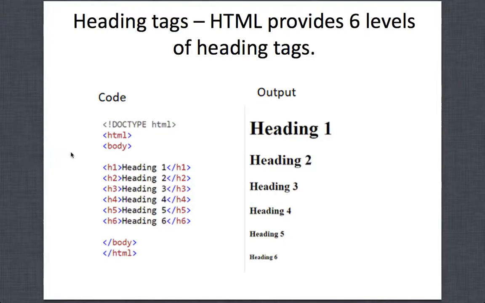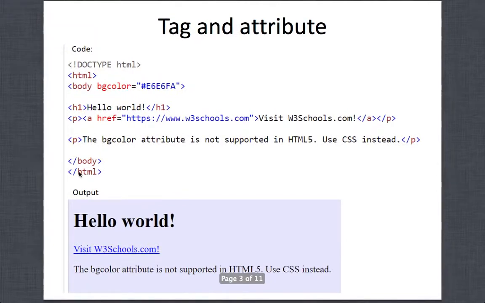The H1 tag will be used and closed, and whatever is used within these opening and closing of the tag will appear as heading. The smallest heading is H6. So here we are using the highest level heading and it says hello world.